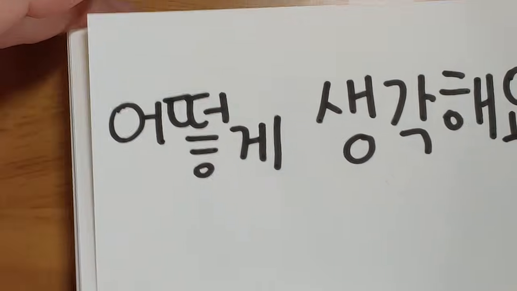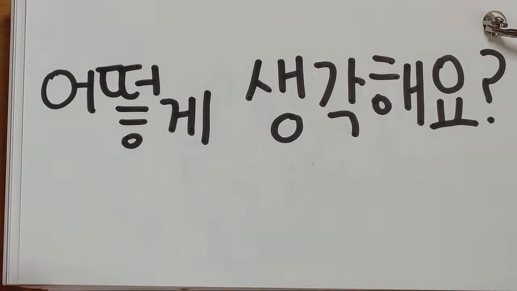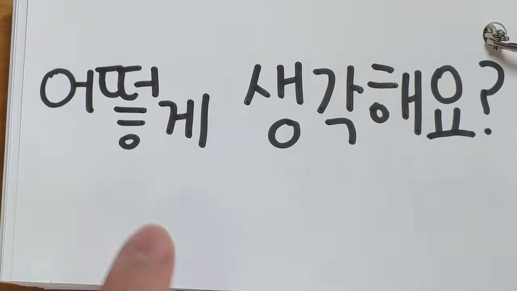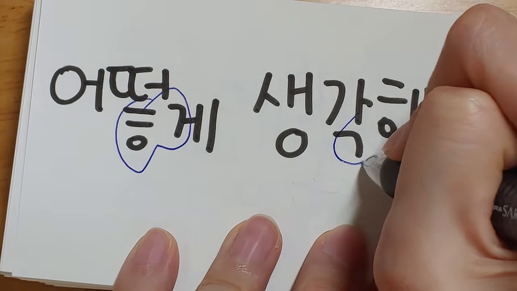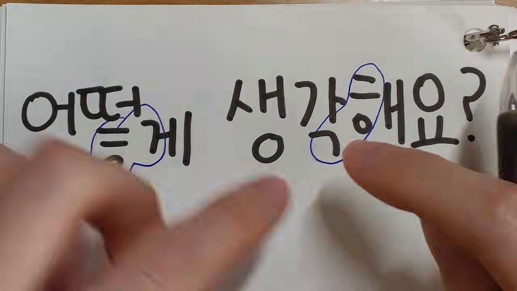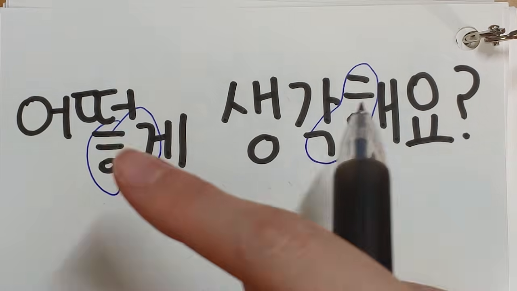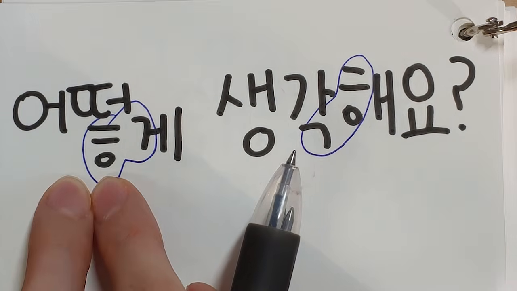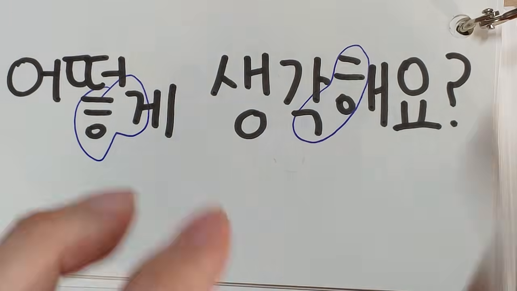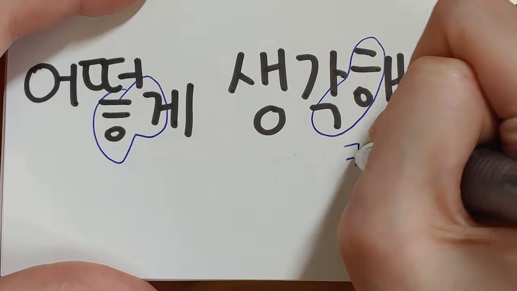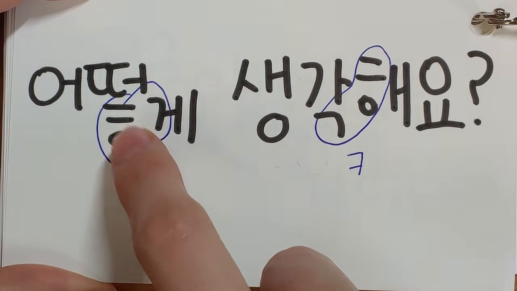And how about this one? 어떻게 생각해요? So let's look at these two. This one is a combination of 기역받침 and 히읗 consonant. And this one is the other way around, right? 히읗 받침 combined with 기역 consonant. And in both cases, they produce k sound. And we're going to learn more examples on this when we do 히읗 받침.